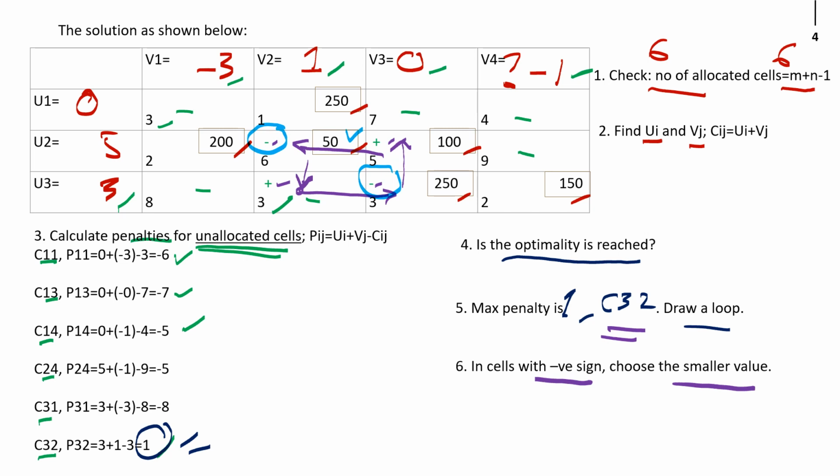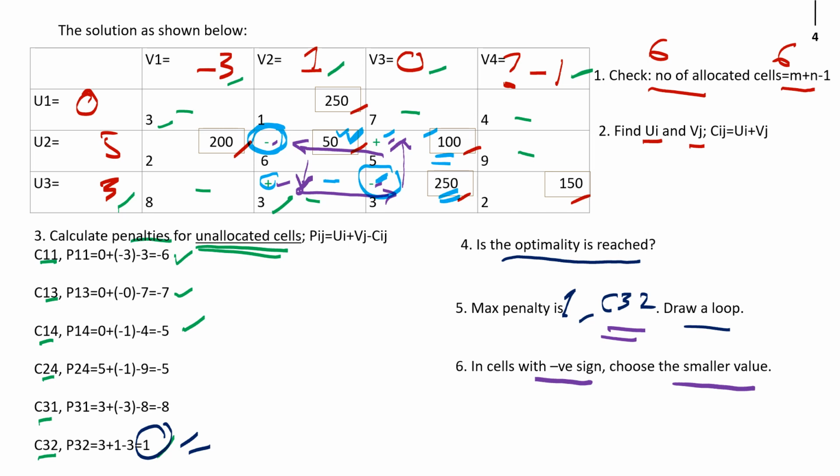And we use this 50 to add and subtract at the closed cells. 50 plus 100, so we should have 150 at this cell, and 250 minus 50, we should have 200 at this cell, and 50 plus 0 here, we should have 50, and 50 minus 50, we must have 0 here.